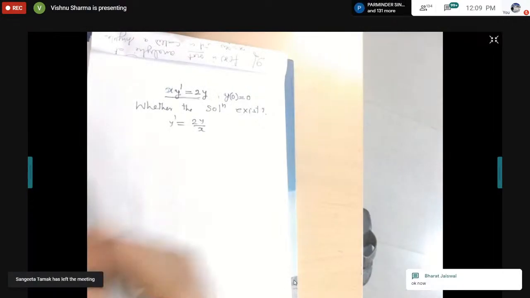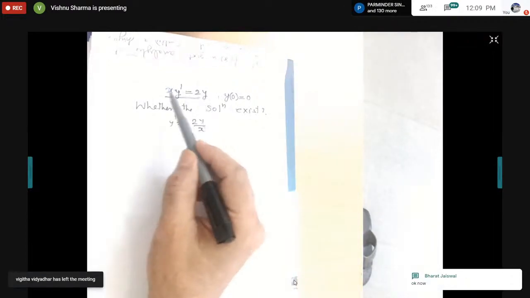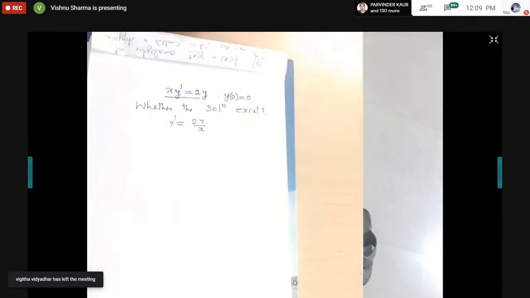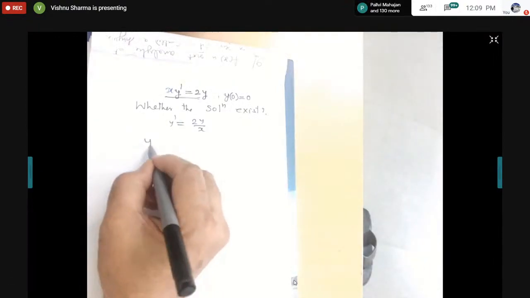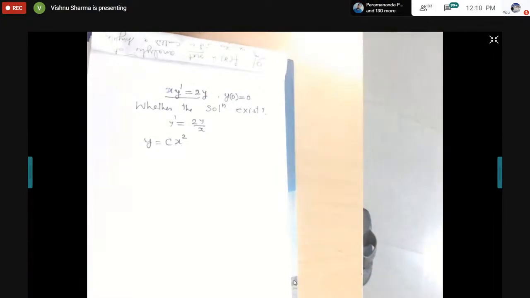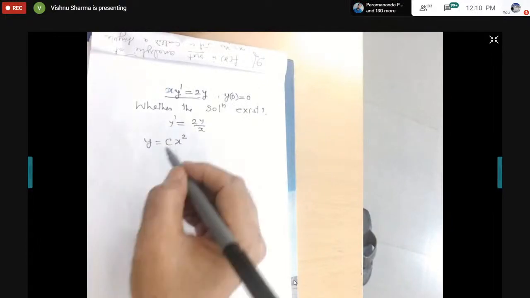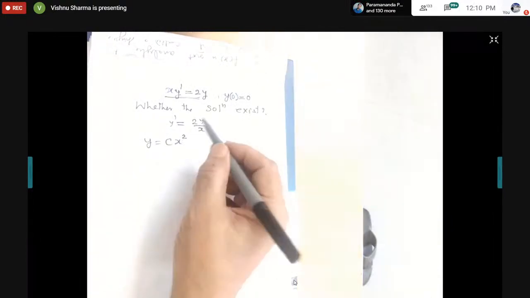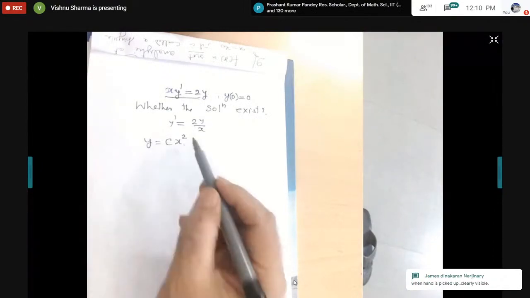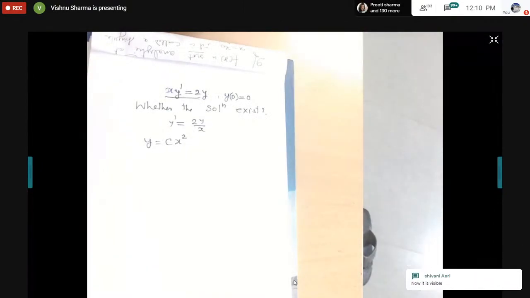Because at (0, 0), this equation is satisfied identically, and of course it satisfies the initial condition as well. But quickly you can see that y is equal to c x square, where c is an arbitrary constant, follows using the separation of variables method.